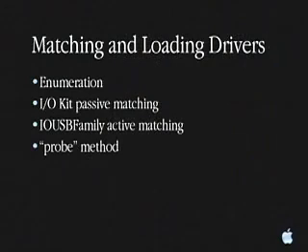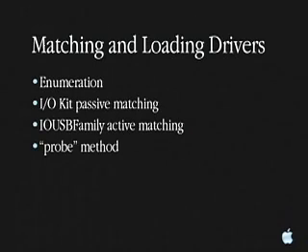So how do drivers get matched and loaded with Mac OS X? Well, the first thing that happens is when a device is plugged in, the hub driver that is controlling the hub to which that device is attached notices the port, turns it on, does typical USB enumeration things, and creates the I/O USB device based on the information it finds in the device descriptor.